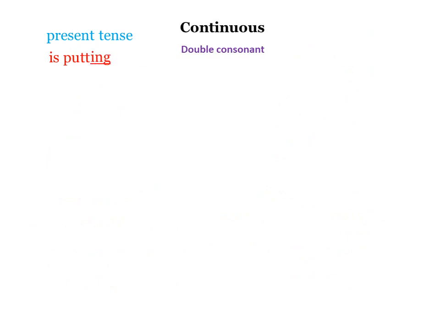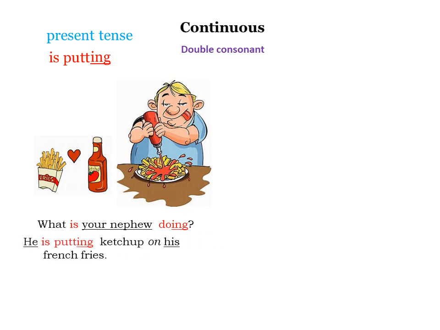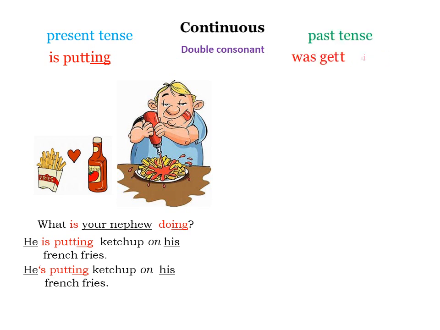Present tense is putting. What is your nephew doing? He is putting ketchup on his French fries. Or, he's putting ketchup on his French fries. Past tense was getting.